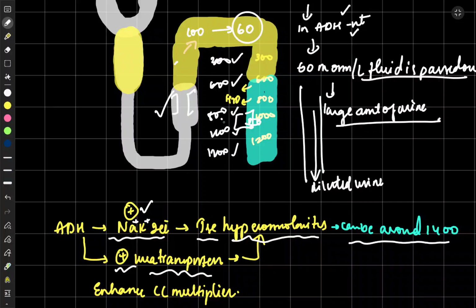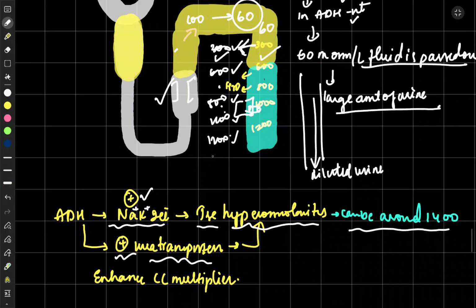If this area is already hyperosmolar and the fluid entering here is hypoosmolar, this provides a good concentration gradient, a good force so that solvent can move from the lumen into the interstitium. In this way, water is absorbed, producing concentrated fluid of around 1200 milliosmol per liter.